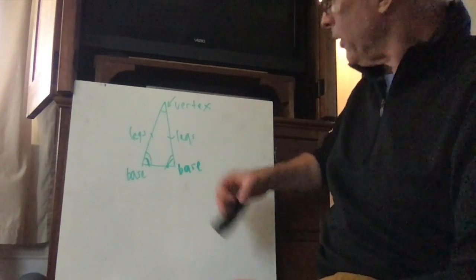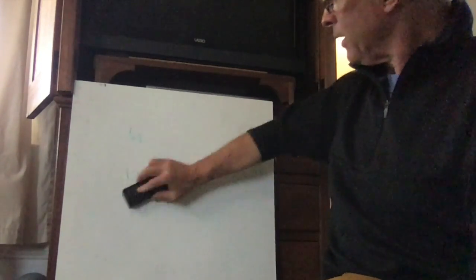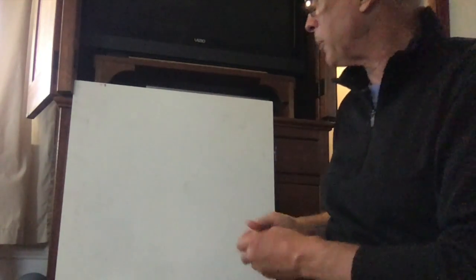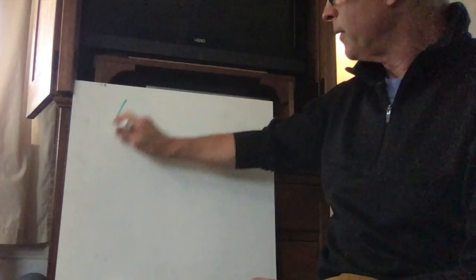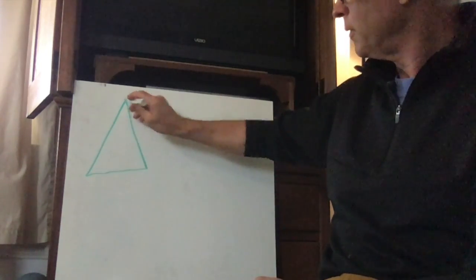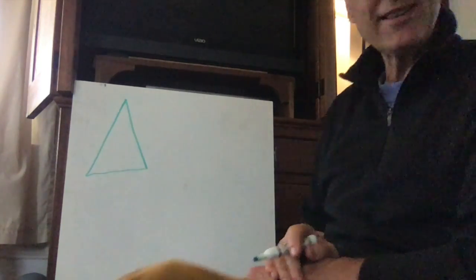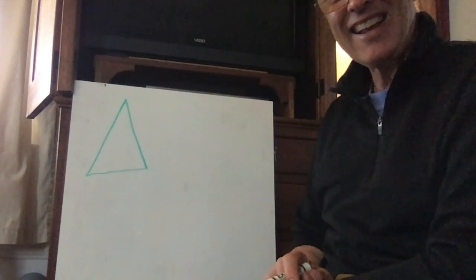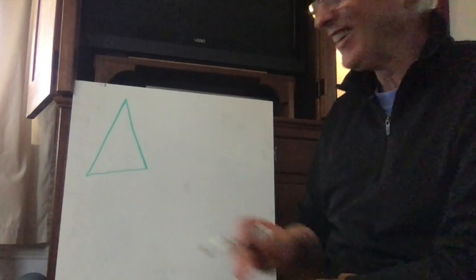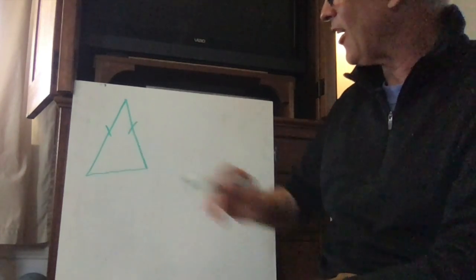They go through a couple different theorems here, and neither one of these are blockbusters, I don't think. Let's say that's an isosceles triangle, and that these two are the same.